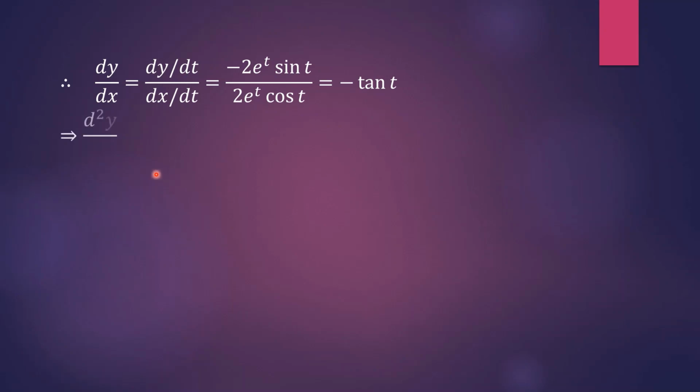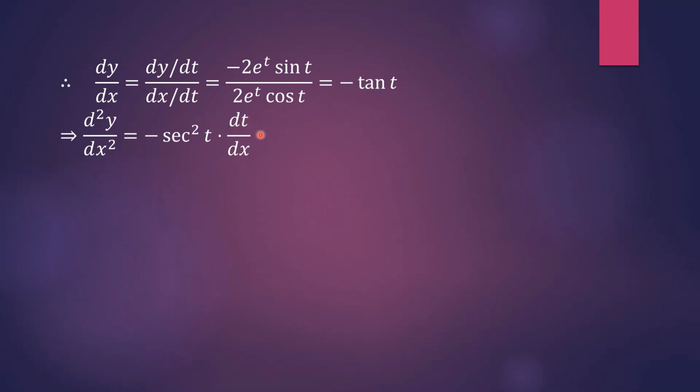And then d2y/dx2. So this time take the derivative with respect to x. The derivative of tan is sec square, and the function is of t, but we are taking the derivative with respect to x. So dt/dx will be there.